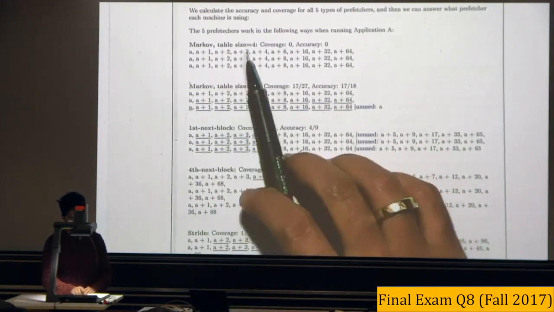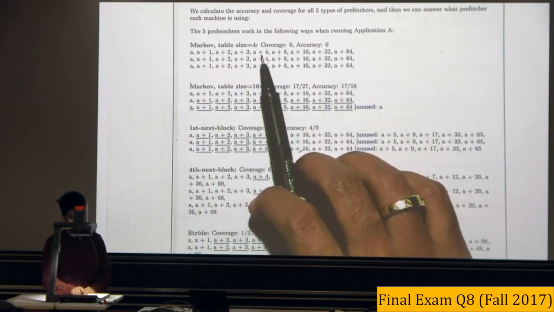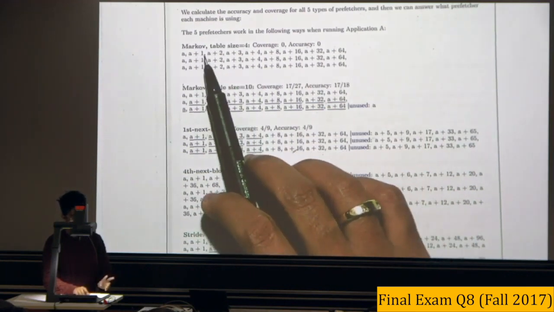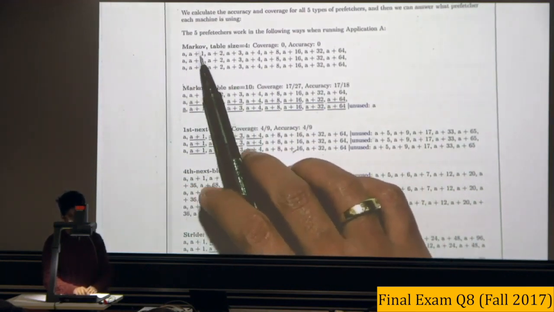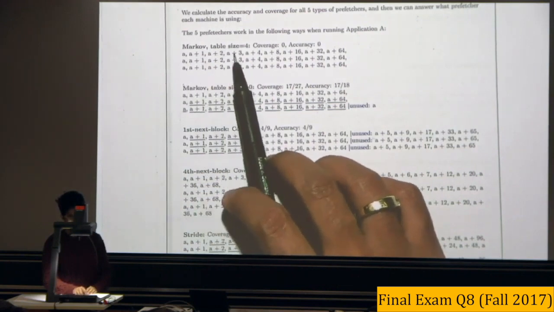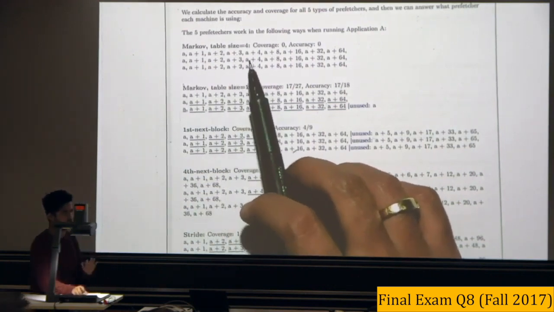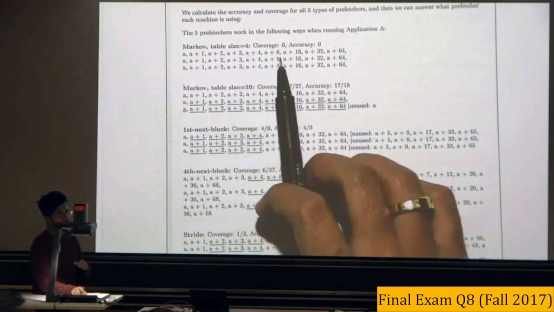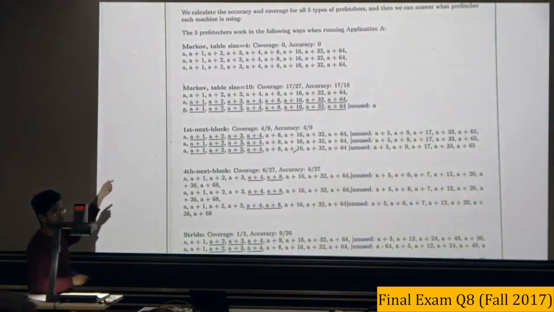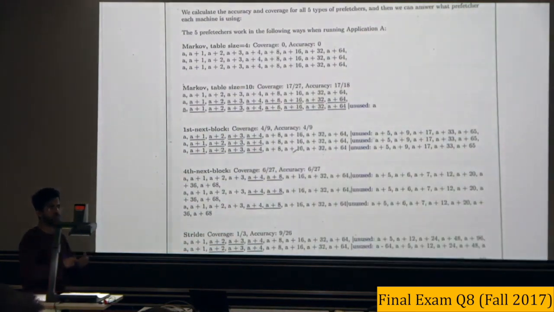So by the time it reaches A plus 4, you have A to A plus 1, A plus 1 to A plus 2, A plus 2 to A plus 3, and A plus 3 to A plus 4. That's 4 learnings, right? Now if you go to A plus 8, you are dropping the first learning, and A plus 8 is completely new to the prefetcher. The prefetcher hasn't seen this cache block address before, so it cannot make any prediction in this case, right?